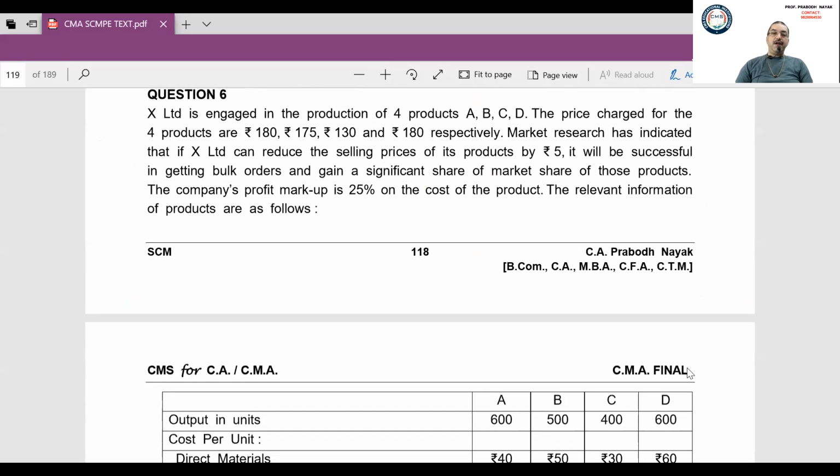Market research has indicated that if X Limited can reduce the selling price of its product by 5 rupees, it will be successful in getting bulk orders and gain a significant share of market share of those products. The company's profit markup is 25% on cost of the product, that is 20% on selling price.